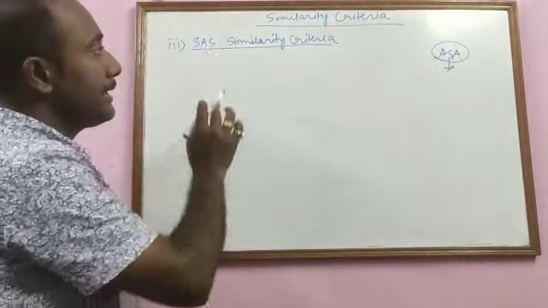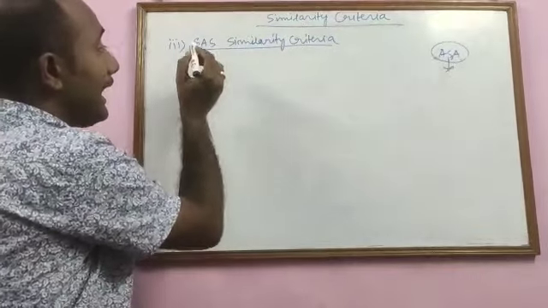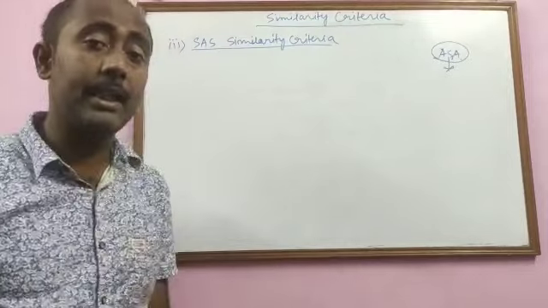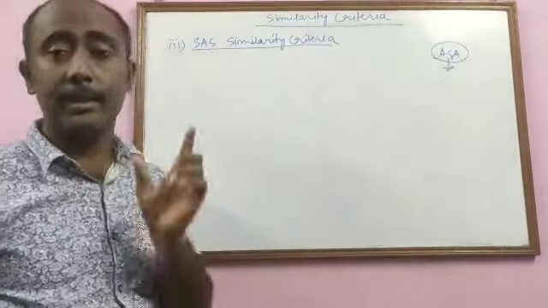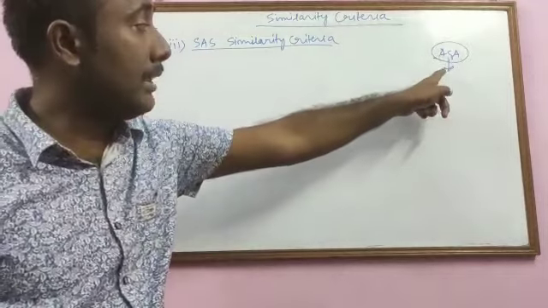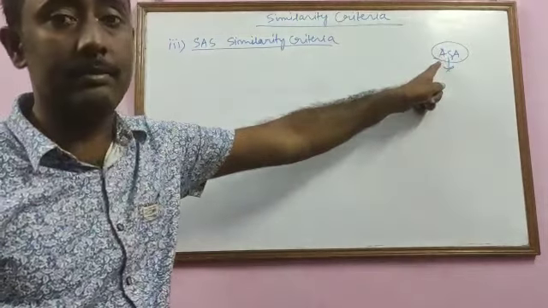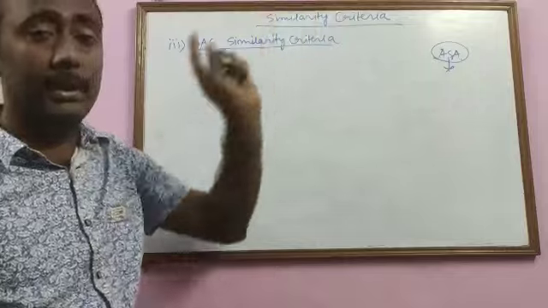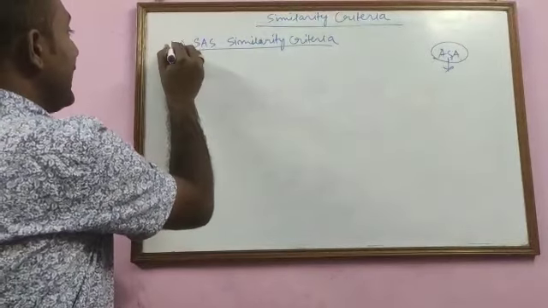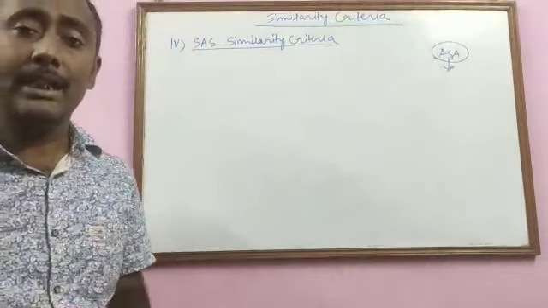So in similarity criteria, you have SAS, SSS. You have no such similarity criteria which has only one S. Keep this in your mind and don't get confused with this part. So the last one is SAS similarity criteria.